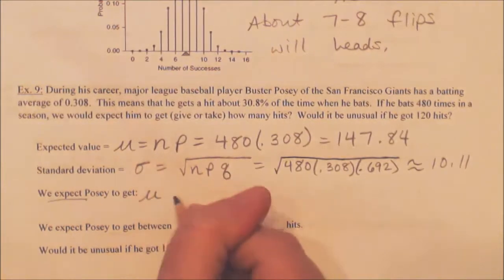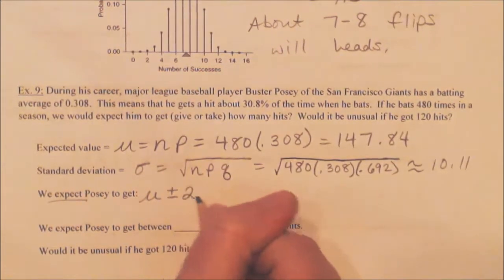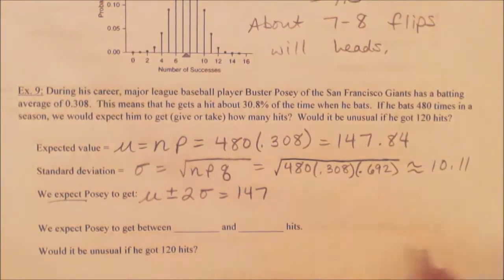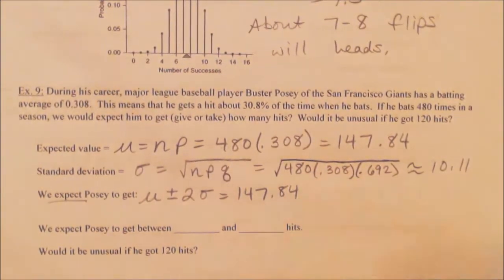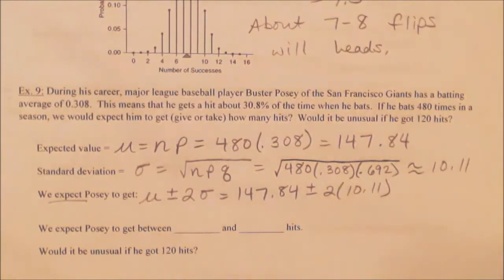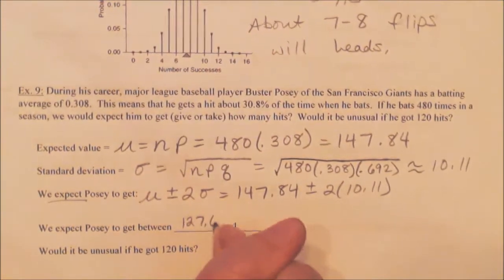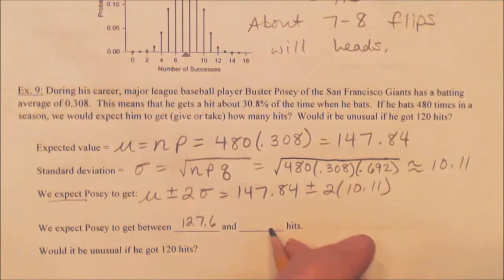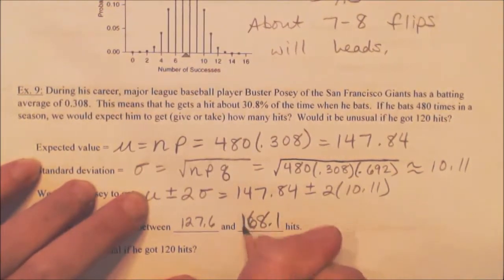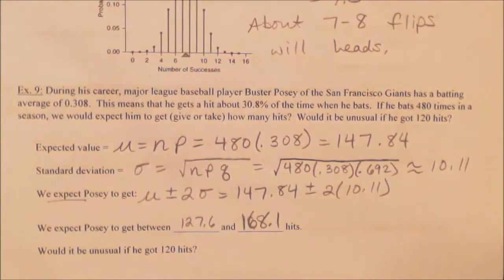So we took the mean and added or subtracted 2 standard deviations: 147.84 plus or minus 2 times the standard deviation. If you work those numbers out, you should get a lower bound of 127.6 and an upper bound of 168.1. So we expect him to get in a season somewhere between about 127, maybe 128, and 168 hits.